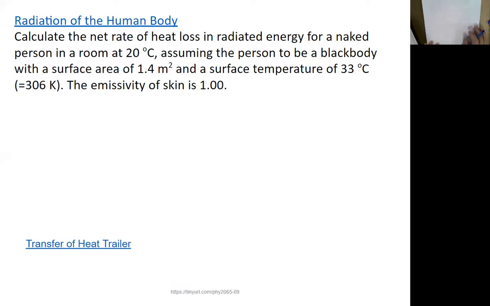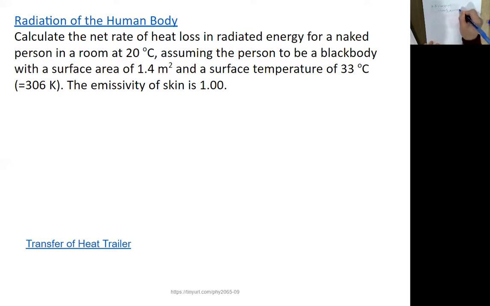So in this case, you'll be using this equation: power is equal to energy divided by t, where Q is the heat. And then this equation: sigma times E times A times T2 to the fourth minus T1 to the fourth. Sigma is the constant, 5.67 times 10 to the minus 8. And 1.00 is the emissivity given for the skin as a perfect radiator.